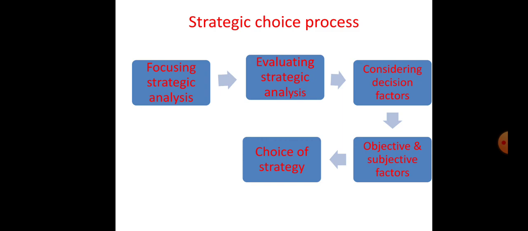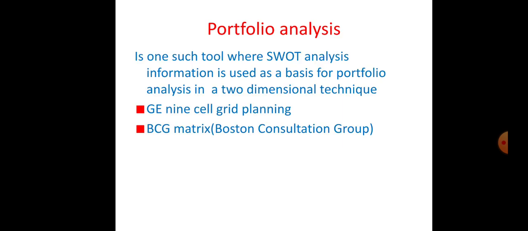Then portfolio analysis. It is one such tool where SWOT analysis information is used as a basis for portfolio analysis in a two-dimensional technique. So that is GE 9-cell grid planning and BCG matrix.